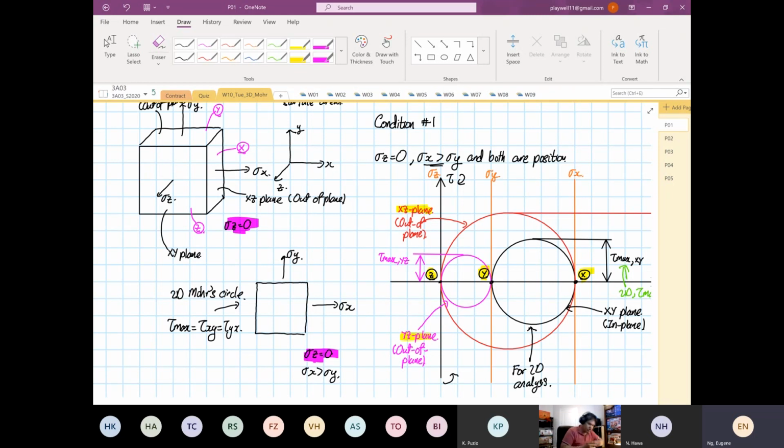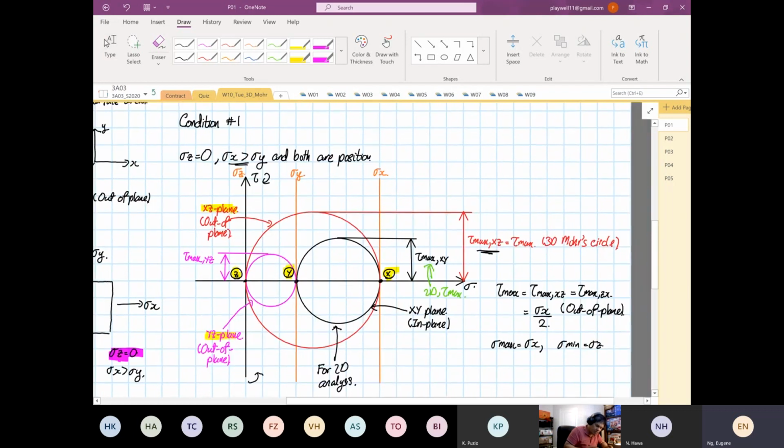And then when you do 3D, you realize that your maximum shearing stress is now tau max, and this is your out of plane. Okay, so that's why it's important to be able to construct not just 2D Mohr circle. 2D Mohr circle is the fundamentals. 3D Mohr circle is critical. Only in 3D Mohr circle can you pick the right material.